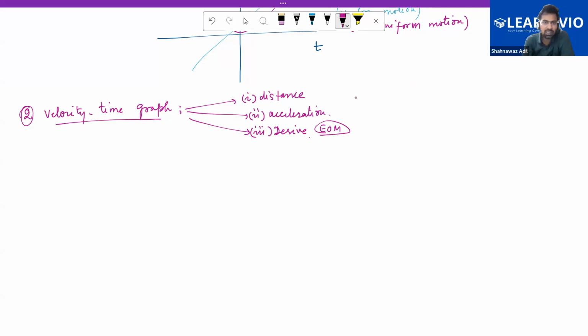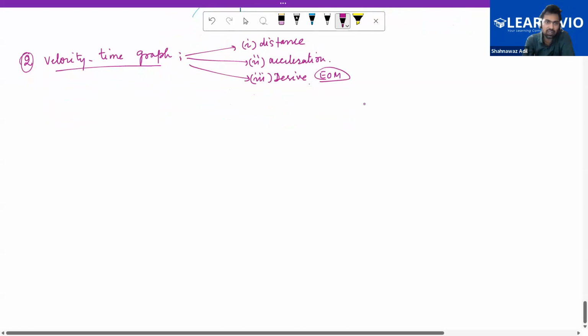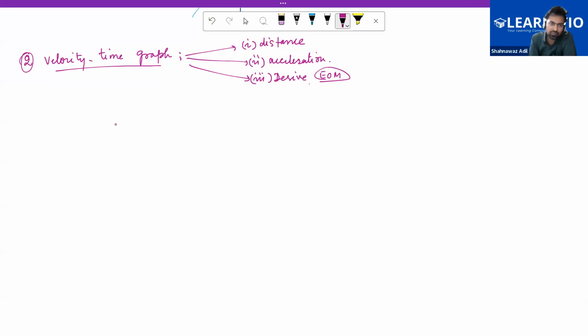First, let's say we are given some data points.